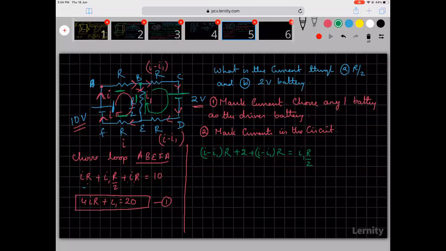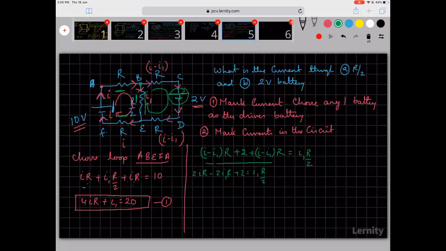Do you understand this? Here, because you are going from the positive terminal to the negative terminal, you will lose potential. Then here, because you are going against the direction of current, you will gain potential. So loss in potential is equal to gain in potential. Now when I simplify this, I'll get 2IR minus 2I1R plus 2 is equal to I1R by 2.